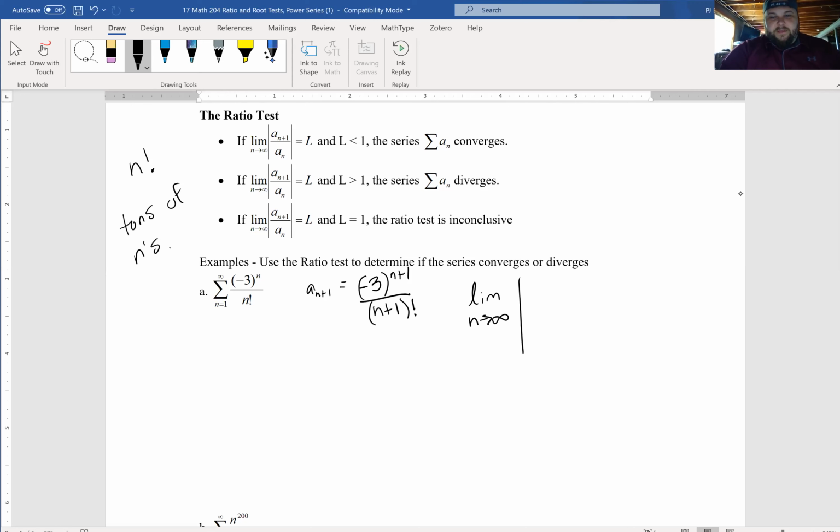We want to start with this term. And again, instead of actually dividing by a sub n, which is right here, I'm going to multiply by the reciprocal, or 1 over, right, a sub n. So that's going to be n factorial over -3 to the n.